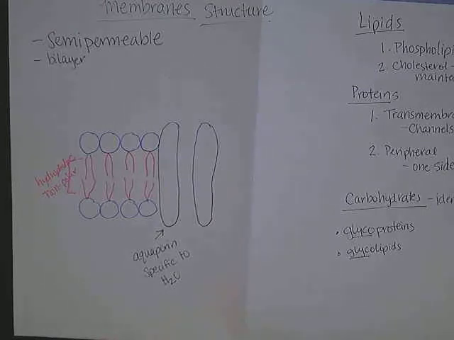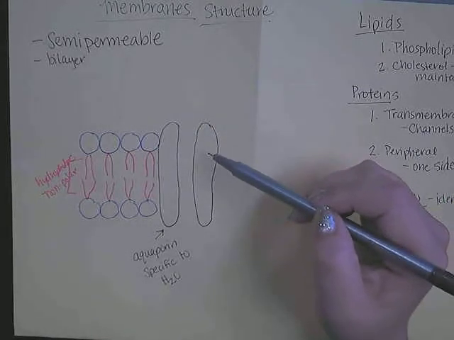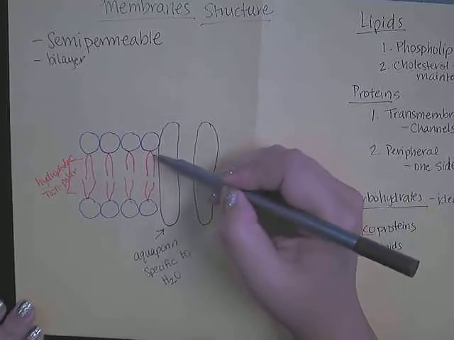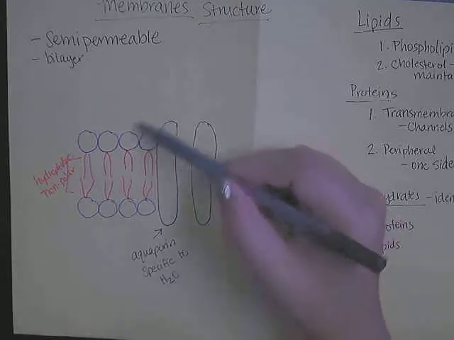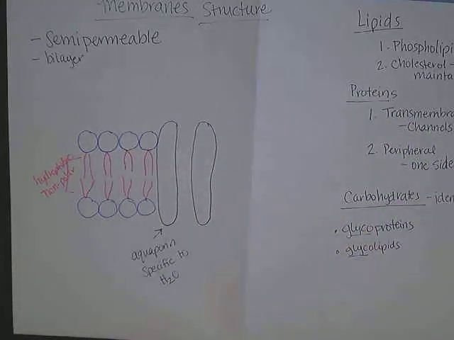The amino acids of the protein channels, specifically the R groups that are interacting with the hydrophobic area, those will be hydrophobic R groups. The R groups that are interacting with the aqueous environment, either inside the cell or outside the cell, those are going to be hydrophilic R groups.